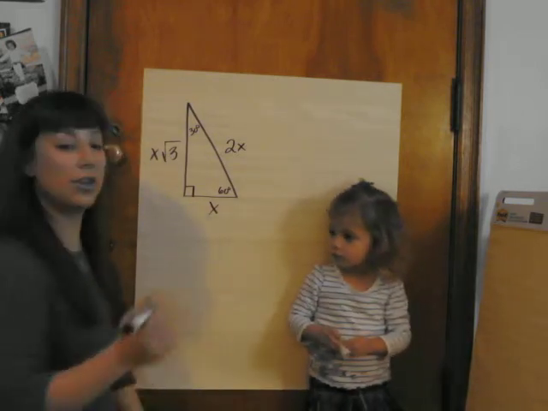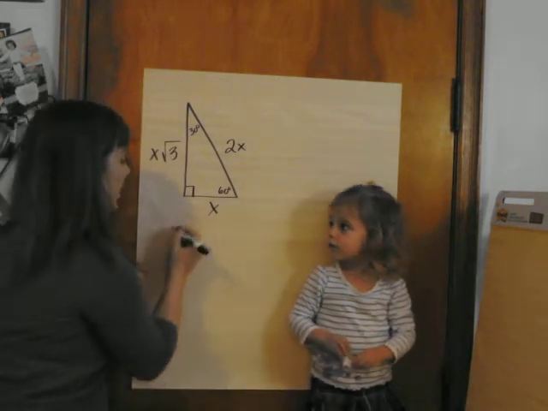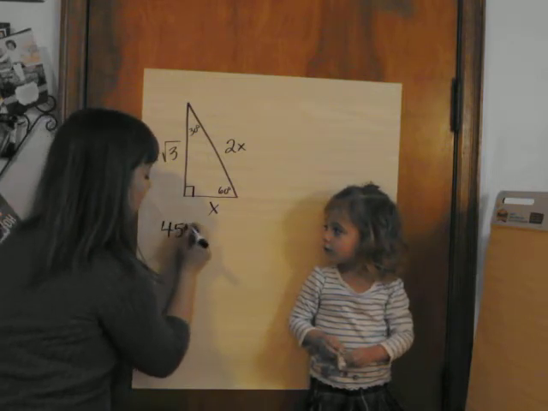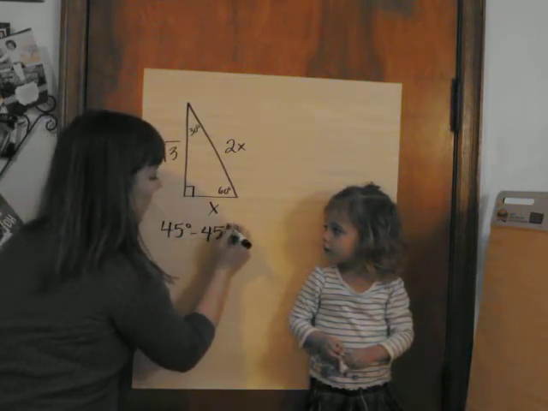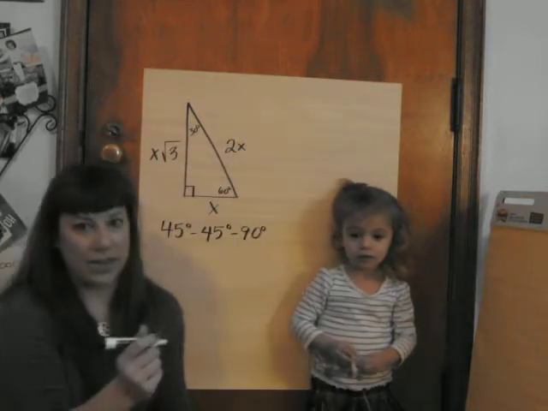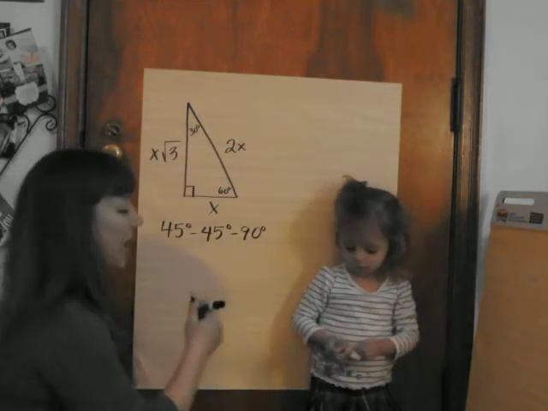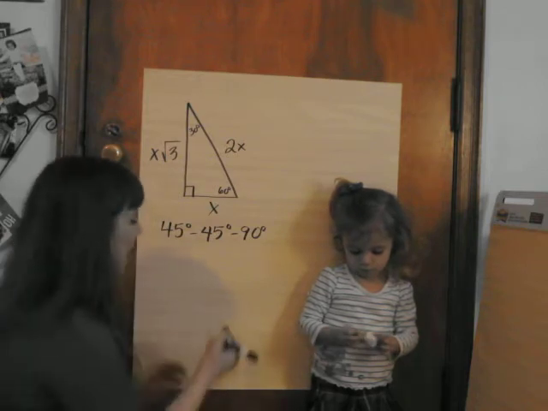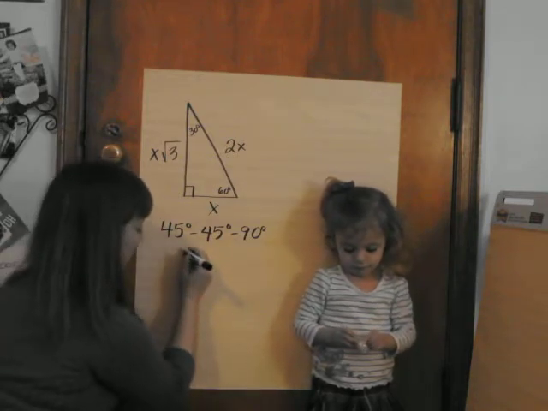Perfect. Okay, so the other one that we need to learn is a 45, 45, 90. And one of your classes, 7th or 8th hour, I can't remember, figured out that a 45, 45, 90 is actually an isosceles right triangle.